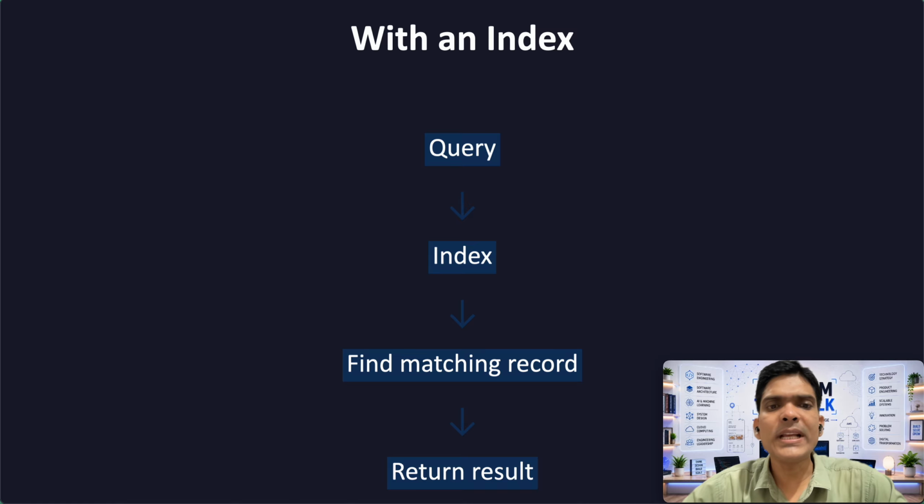Instead of potentially scanning millions of rows, the database navigates through the index and quickly identifies where the required record is located. This is one of the reasons indexes are so important when you are designing a system that needs to handle a large amount of data.